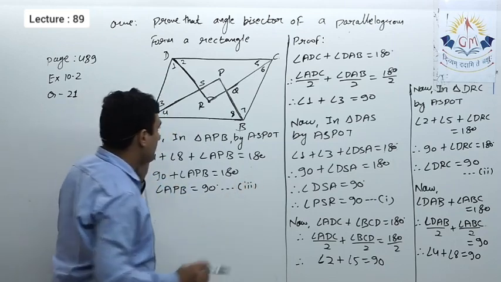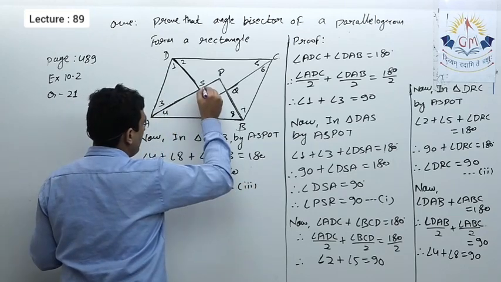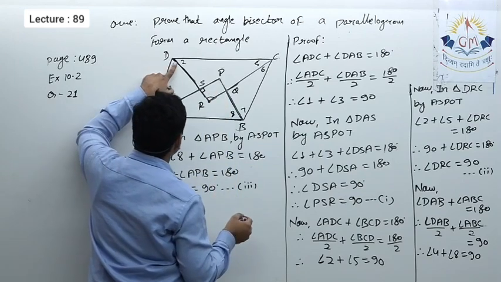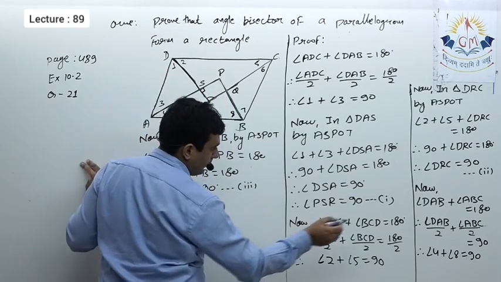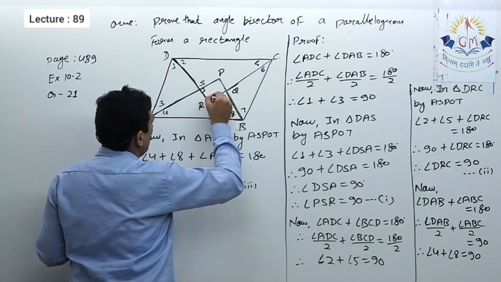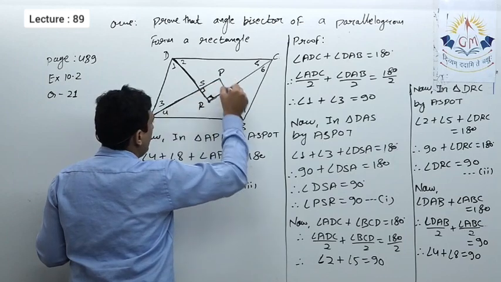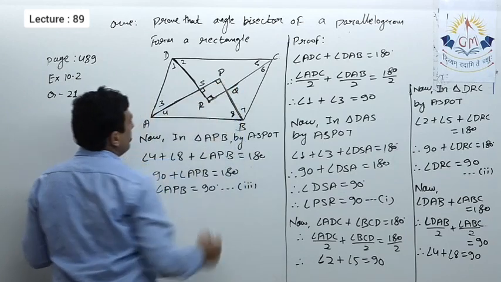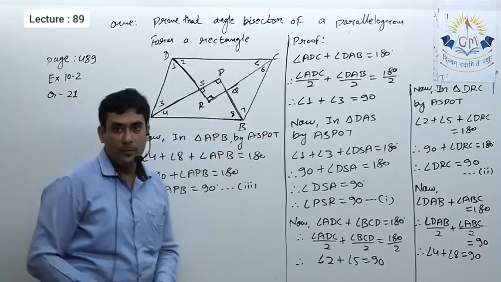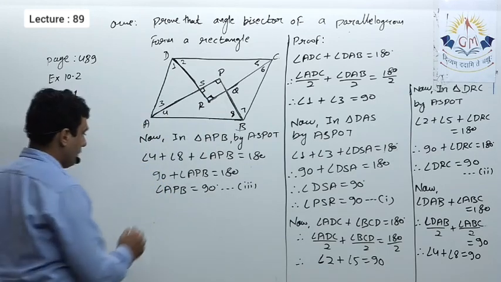So in first I proved that PSR is 90. Then I proved this DRC is 90. Here I proved APB is 90. So these three angles are 90, so definitely the fourth angle will be 90 degrees.